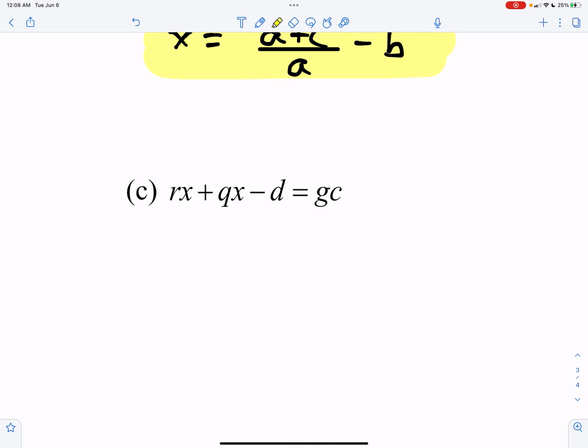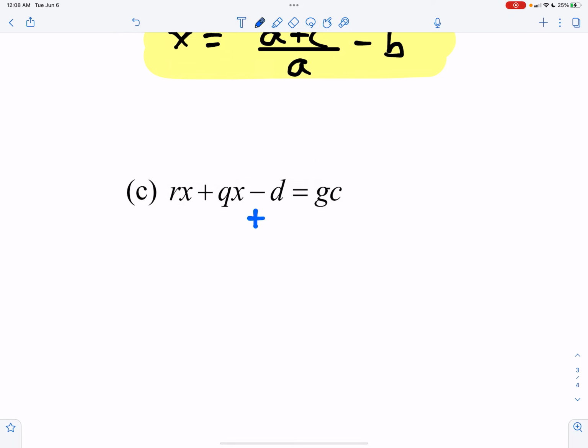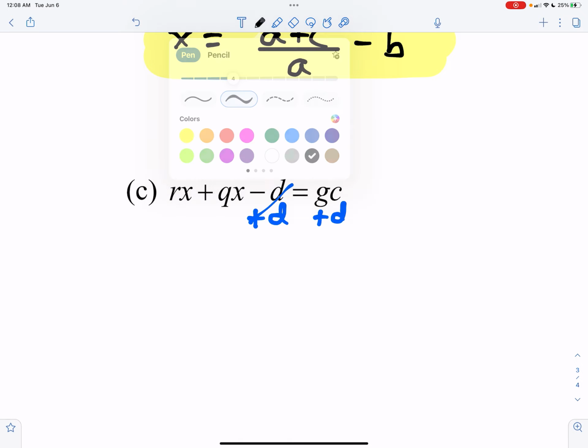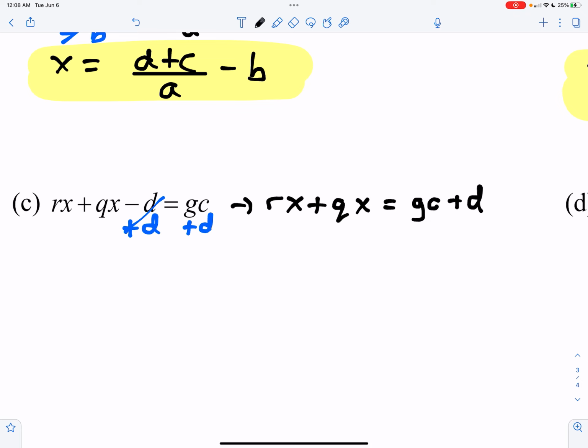So the first thing I'm going to do is take that term that does not have an x and move it over to the right by adding d to both sides. That is a good first step. Now I get rx plus qx equals gc plus d.